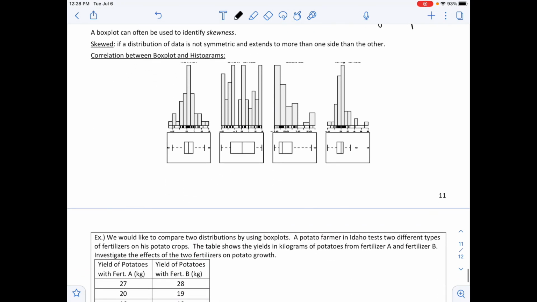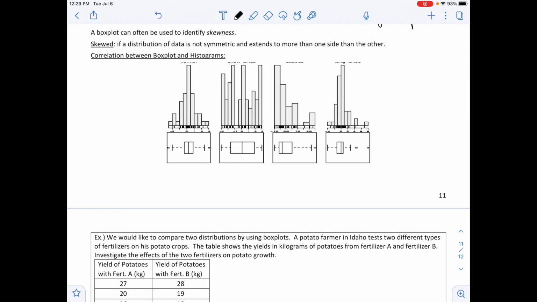Right below this, it says a box plot can often be used to identify skewness. So skewed is if a distribution is not symmetric and extends more to one side than the other, like we saw before, skewed left and skewed right. And so there are 4 different diagrams there. There are histograms, and then right underneath them are box plots. You can see that there are outliers listed on some of them.